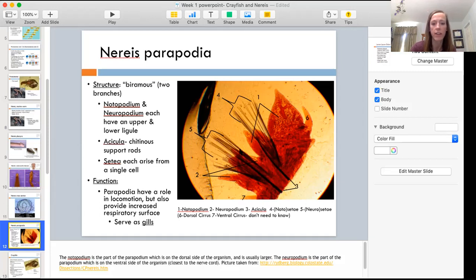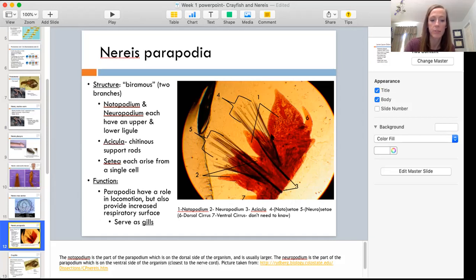And then there are these chitinous support rods, structures that help with support of both the notopodium and the neuropodium. Those are called aciculae. These little dark stained branches right here are two aciculae, and they function as support. And then you'll also see these bristles right here. These are called setae, and each of these bristles can help with movement and sensory functions.